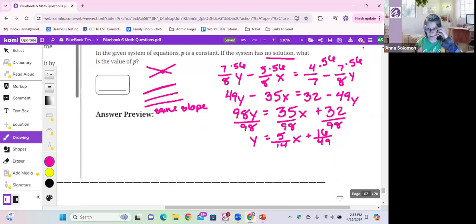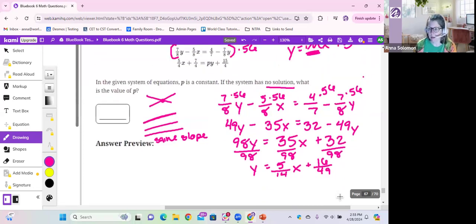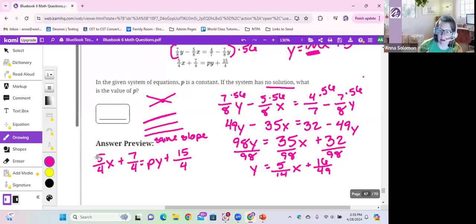This is what our scrap paper is for. So let's rewrite it first. We have 5 over 4 x plus 7 over 4 equals py plus 15 over 4. I would rewrite it exactly the way it looks just to make sure, because doing mental math while writing, or skipping a step, is how careless errors happen.